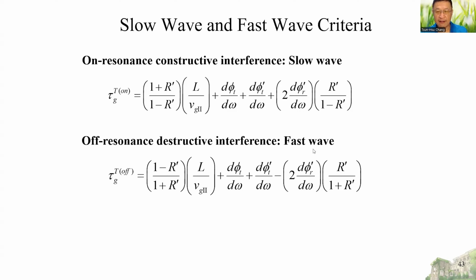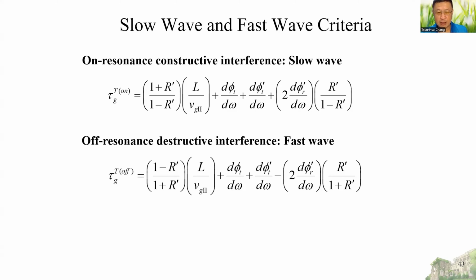On the other hand, fast wave is at resonance, it's destructive interference. It does not store inside for a long time, just a very short time. Therefore, the wave looks like it propagates at very high speed.